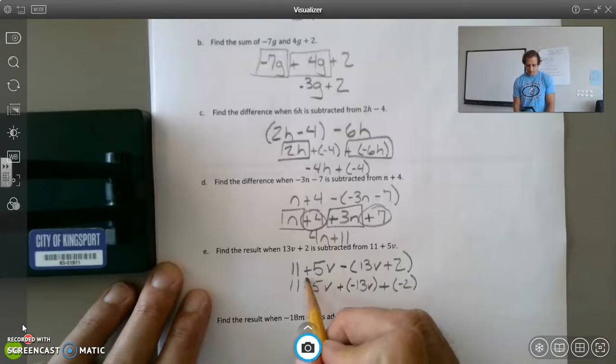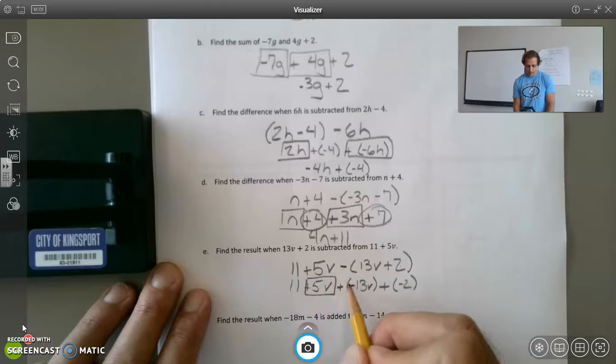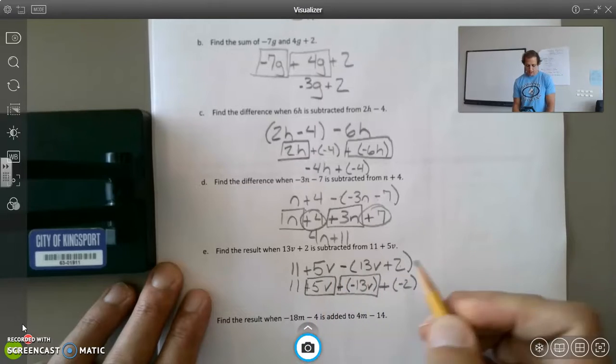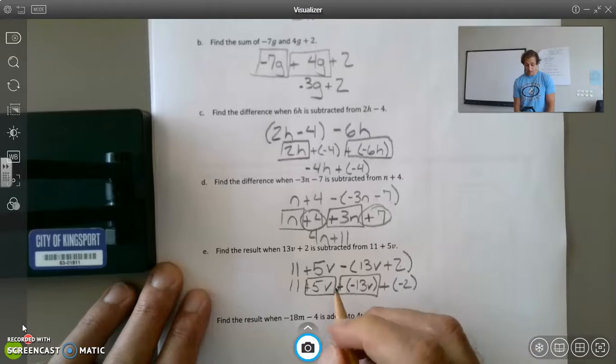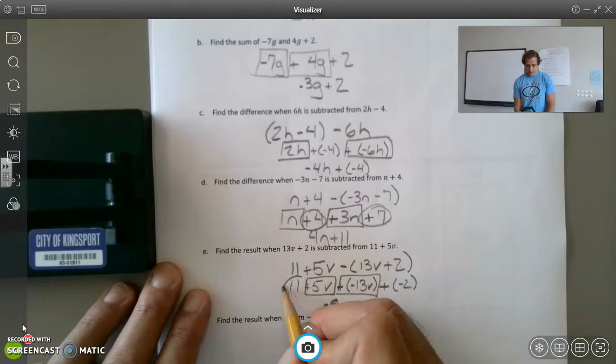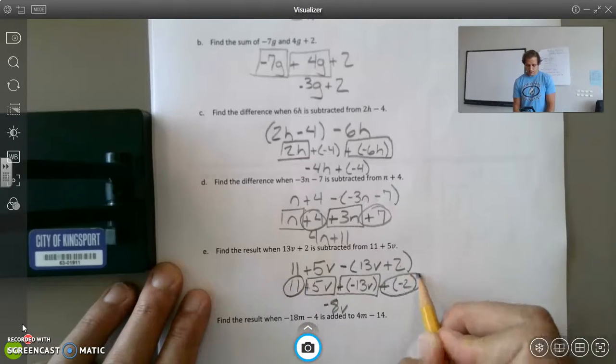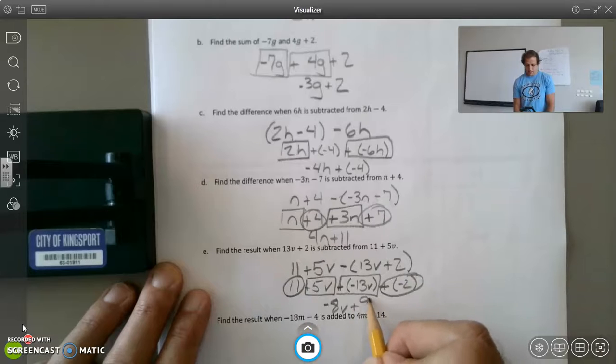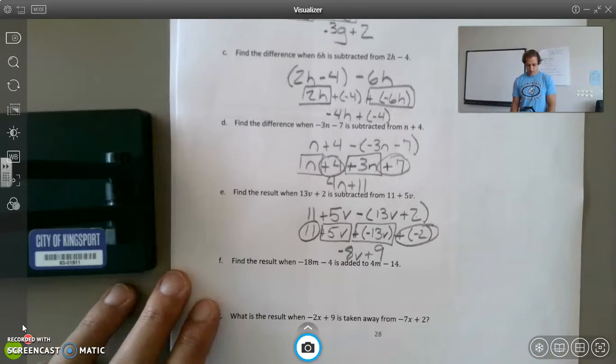I can combine my like terms. 5v and negative 13v, they are alike. 5 and negative 13 is negative 8v. 11 and negative 2 can be combined. That is 9.